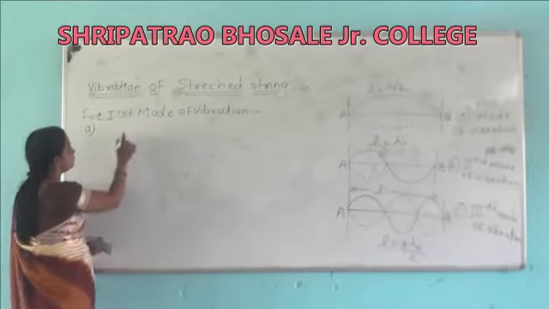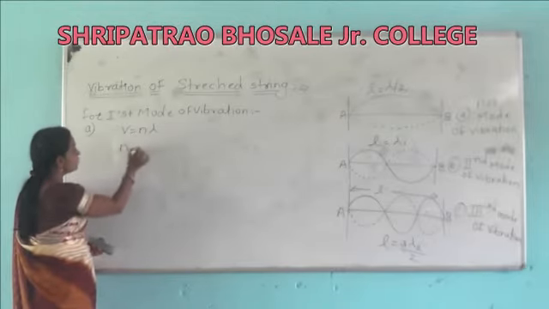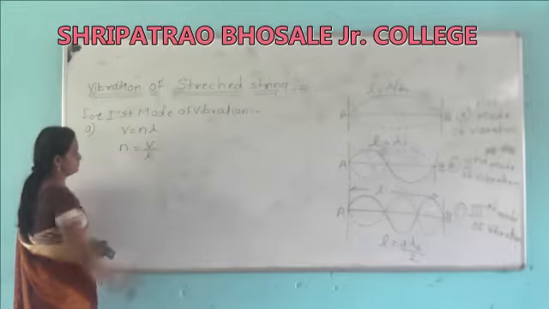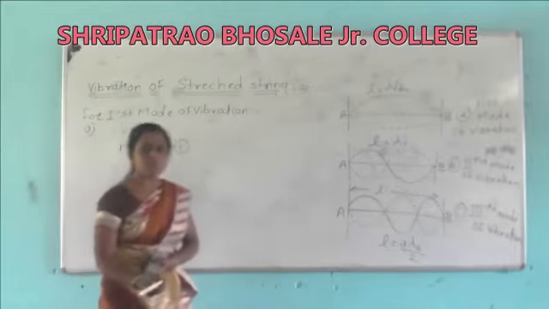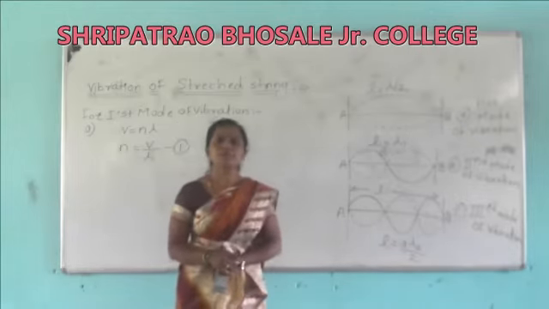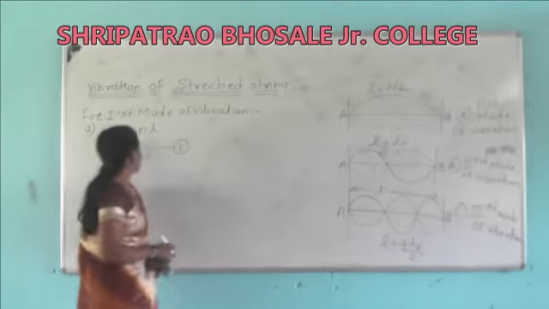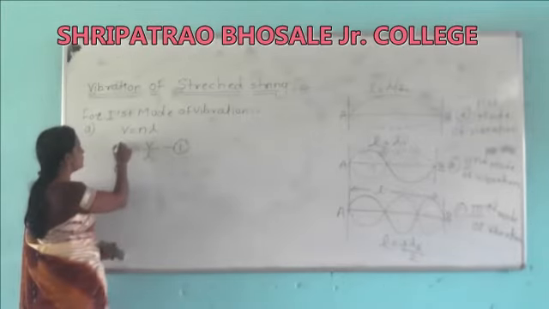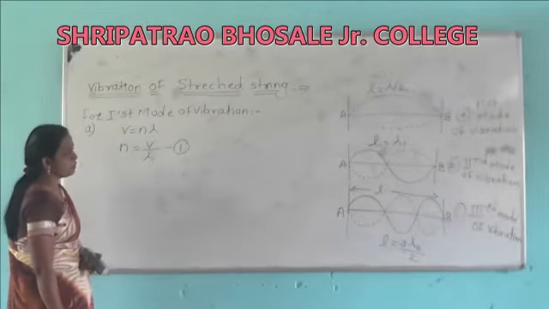Then we know that V is equal to N lambda, so N is equal to V by lambda. This is the first equation, where V is the velocity of the wave, N is the frequency, and lambda is the wavelength of the wave. Say this is equation number 1.